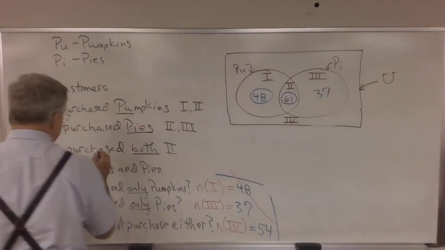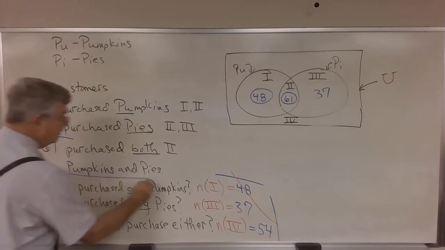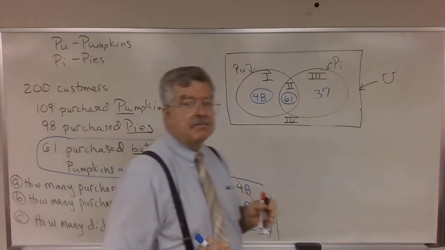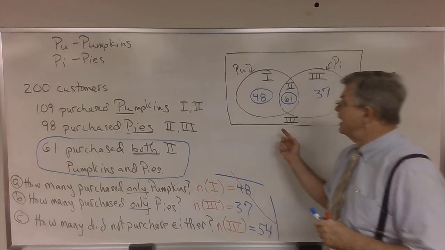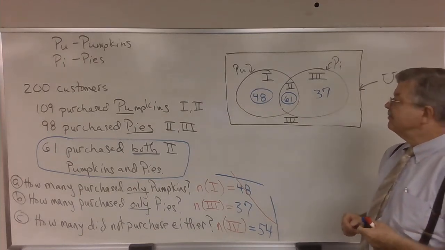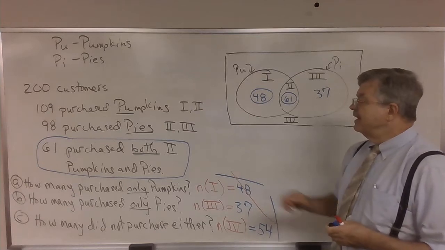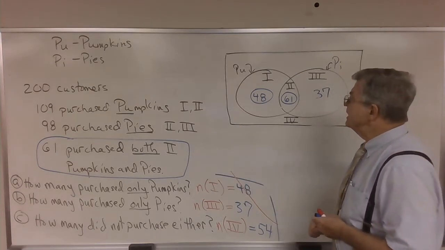And so this was the key piece of information. But we might not have known that if we hadn't drawn the Venn diagram. Drawing the Venn diagram and seeing this, we go, oh, wait a minute.